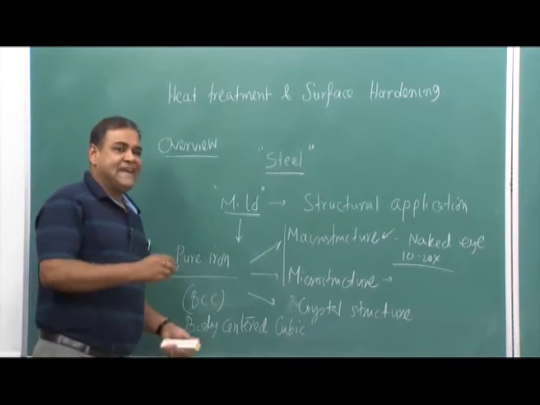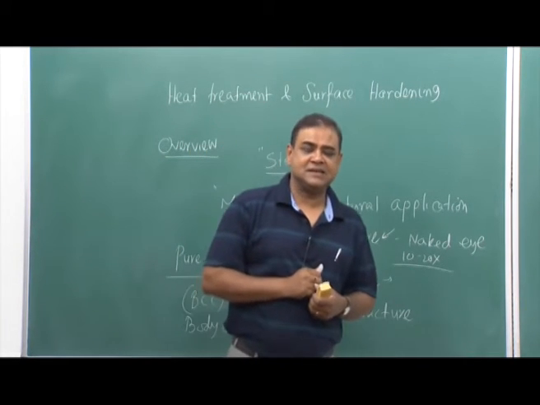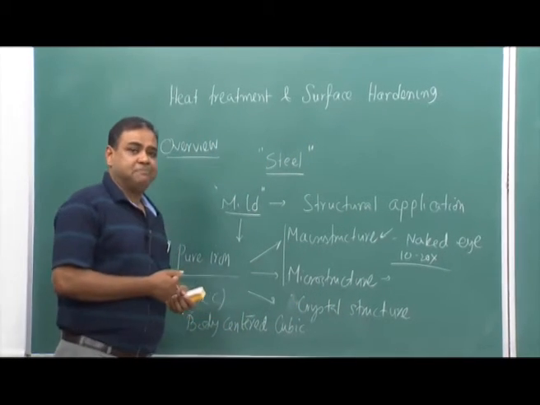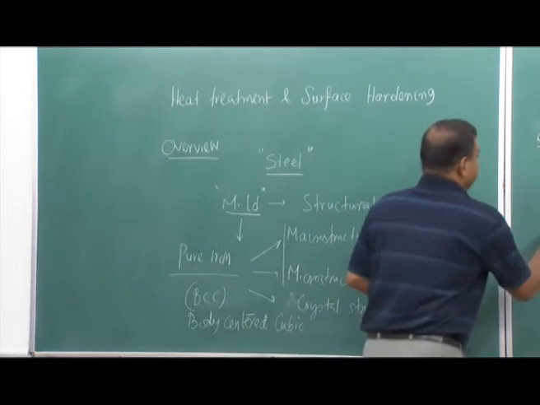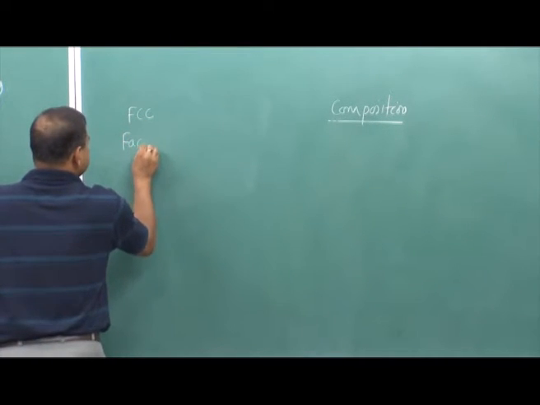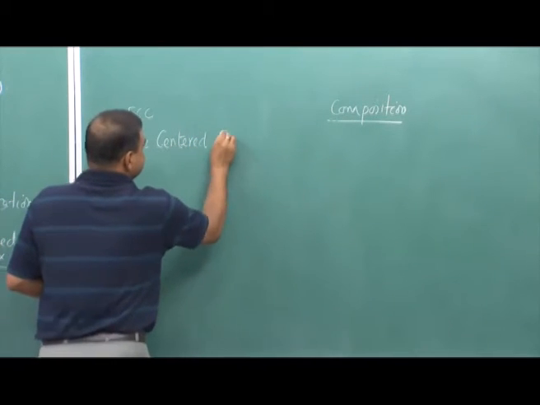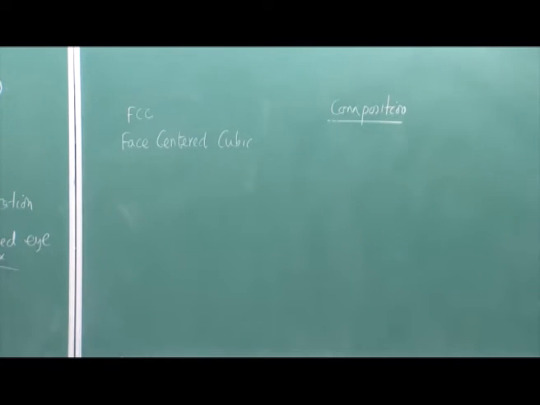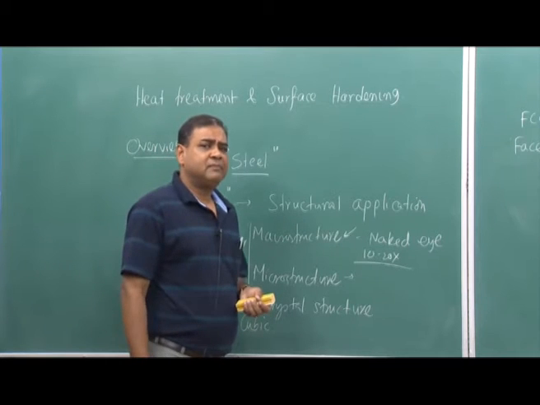Now, if we take this pure iron to more than 910 degrees Celsius, we have a different structure, called FCC, which is face centered cubic. These are the two basic structures we have in pure iron.